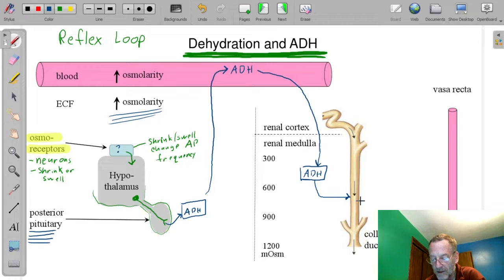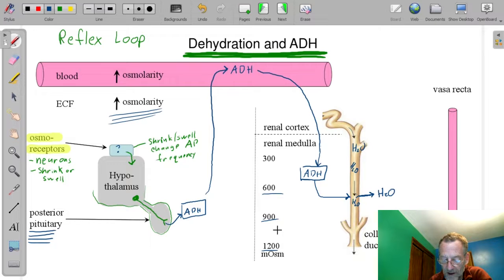Remember, we're dehydrated. We want to get the water back into the blood. So water is coming down through the filtrate. I'm drawing water in the filtrate, H2Os. I want to get that water out of the tubule because it's headed toward the bladder and then the toilet. So we're going to insert aquaporins, and that will allow the water to leave into this steep osmotic gradient.